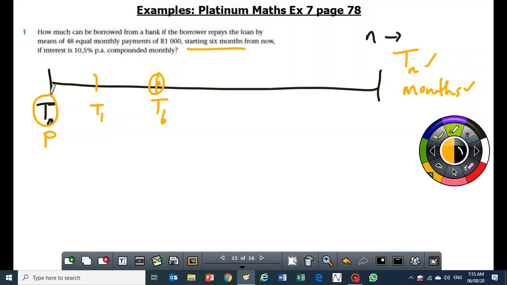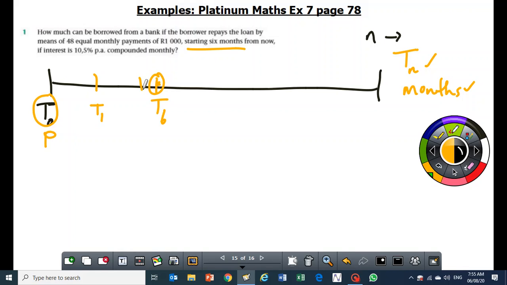Between T naught and T1 is your first month, T1 and T2 your second, and so on. So your number of payments, because you are dealing with a loan, you don't include T naught. So when you count, you start from T1 up to T6.